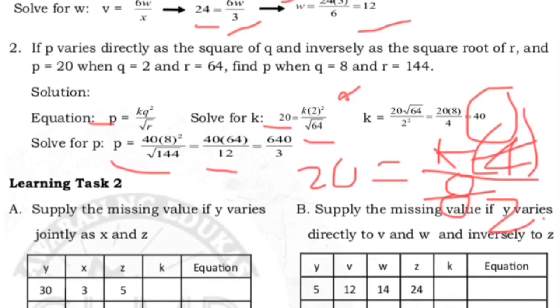So you're going to have there 40 times 64 over 12. So simplifying this one, 40 and 12, the common factor here is 4. So 40 divided by 4 is 10, and 12 divided by 4 is 3. So 10 times 64 is 640. So 640 divided by 3 is our answer.